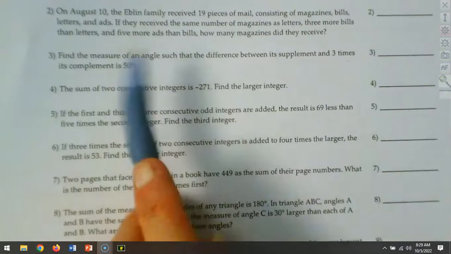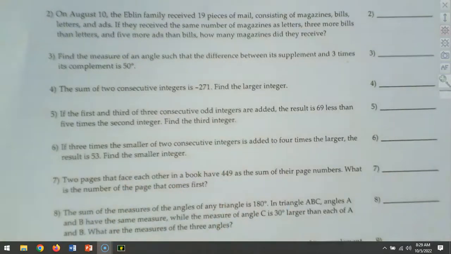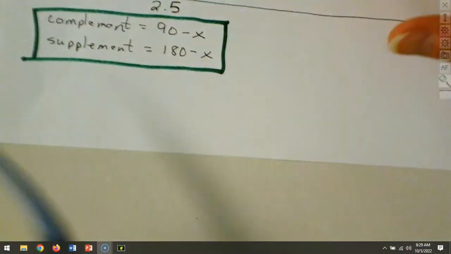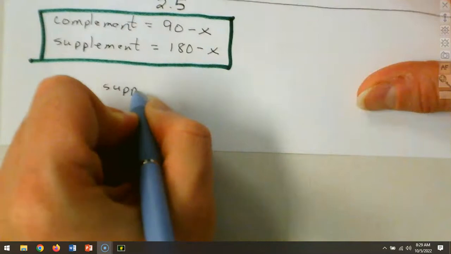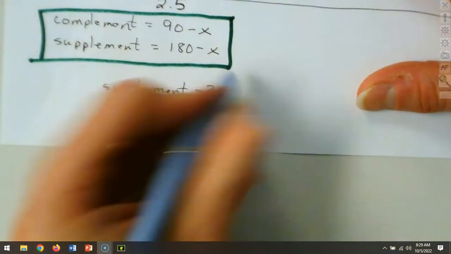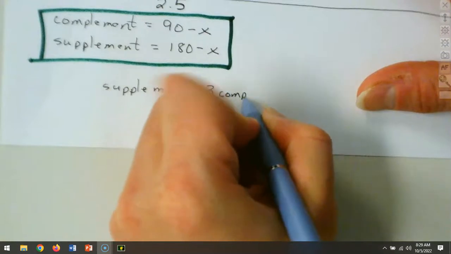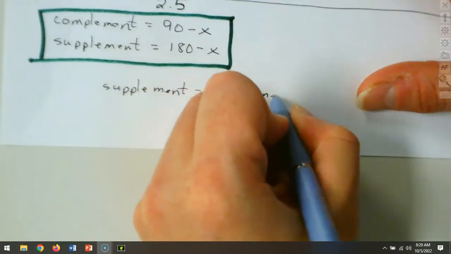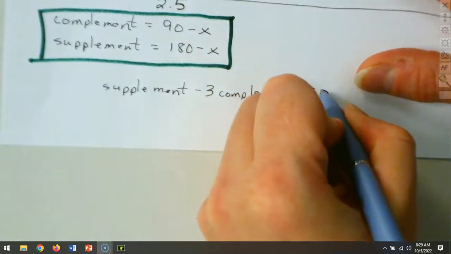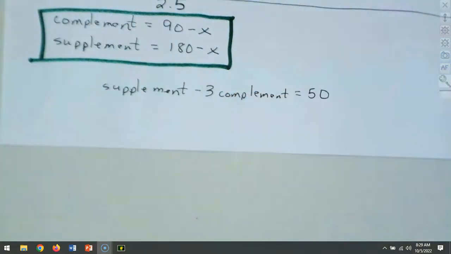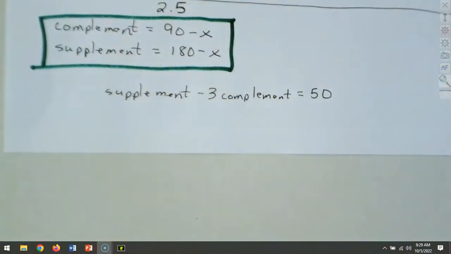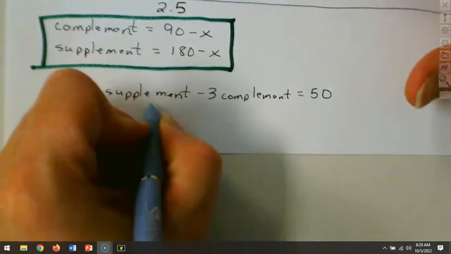So the difference between the supplement and 3 times its complement means our supplement minus 3 times the complement equals, and what does it equal? 50 degrees. So there's our equation, right? Is everyone okay with that?